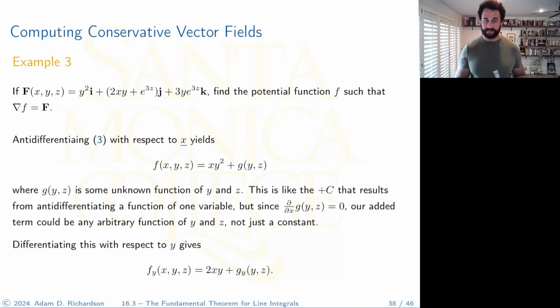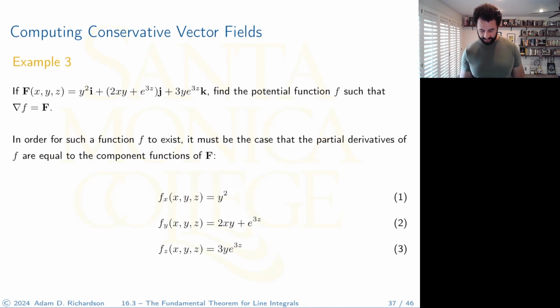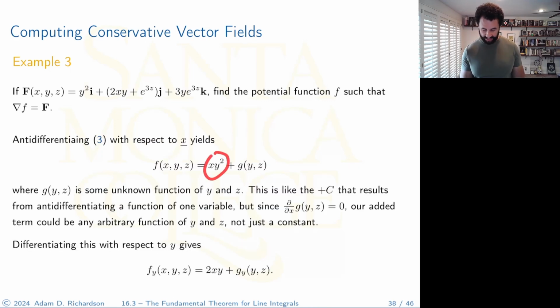So let's start with this. If we anti-differentiate that third equation with respect to x, then we get this result. So let me go back for just one moment here. We're going to look at this function right here, and we're going to anti-differentiate it with respect to x. Wait, am I looking at the right one?